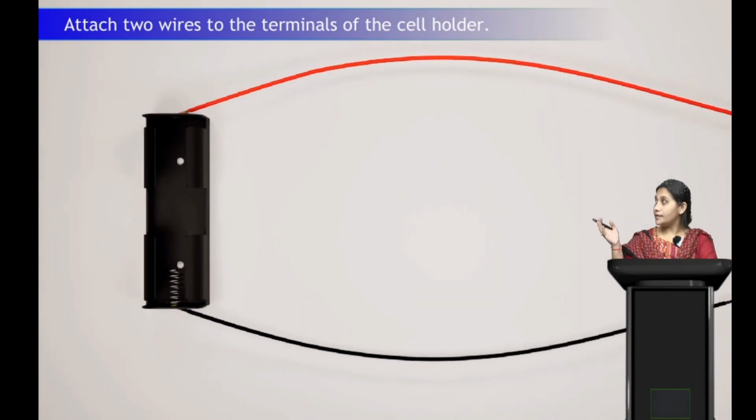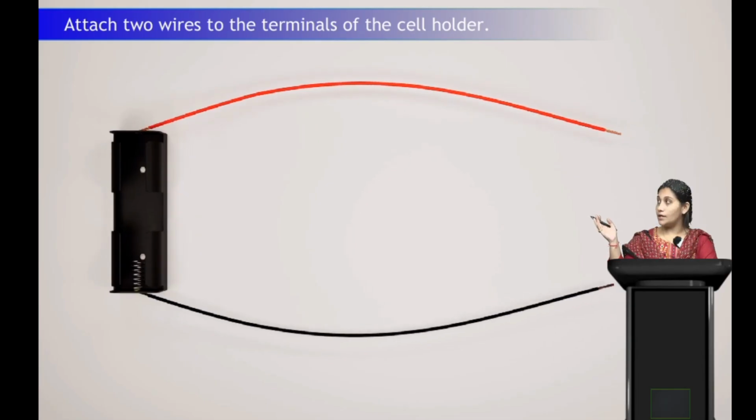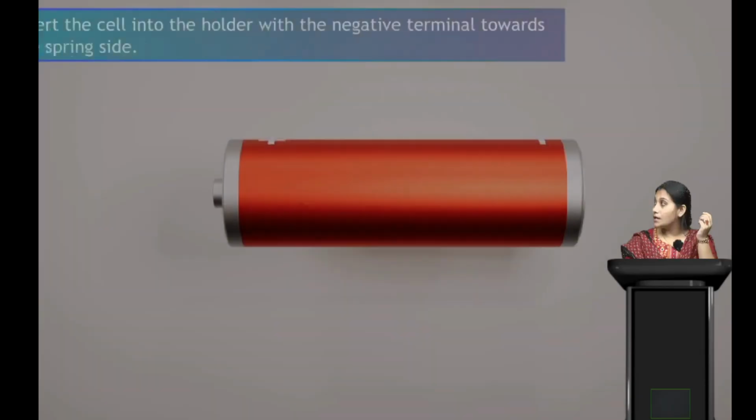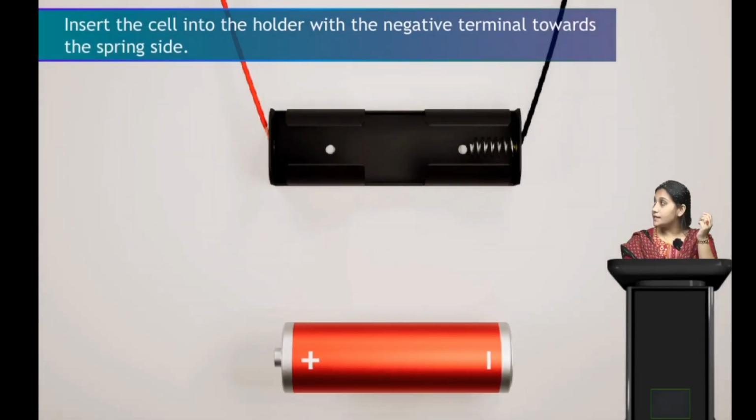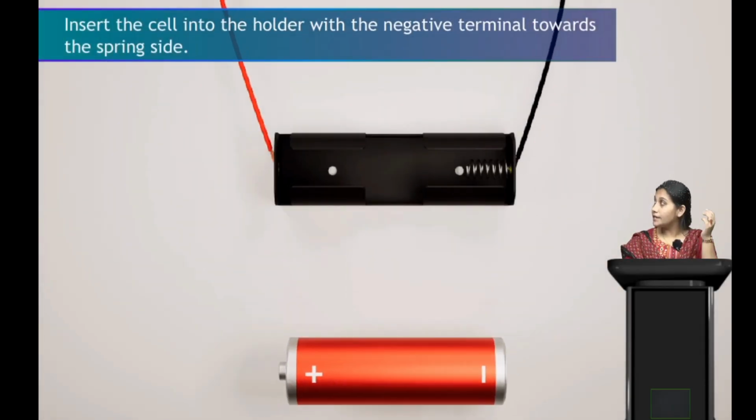Then comes: attach two wires to the terminals of the cell holder. Now there is a cell holder, so we will attach the two wires to the two terminals of the cell holder. Then insert the cell into the holder with the negative terminal towards the spring side.